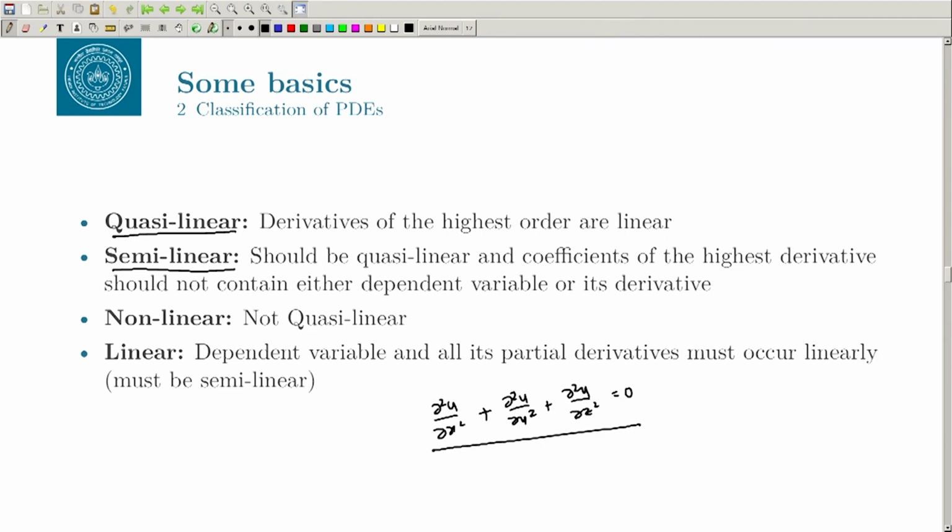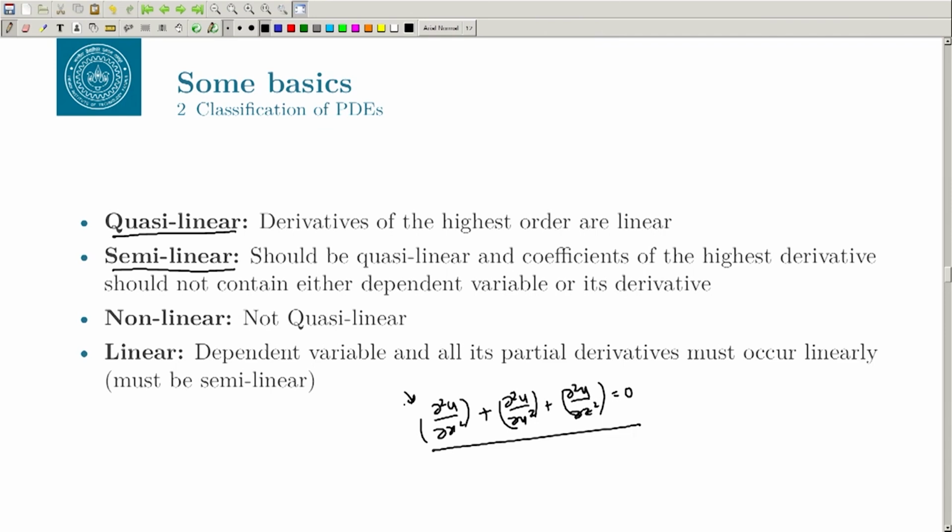What are the derivatives of the highest order here? They are all of the same order, but you can have other terms also. If they are linear, then it is a quasi-linear equation. So this is a quasi-linear process.